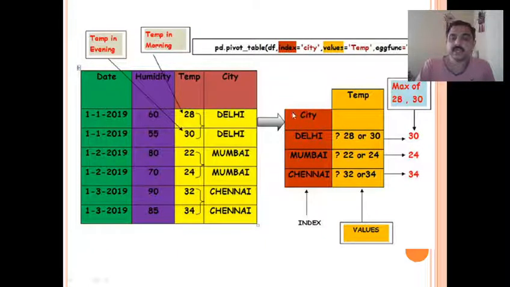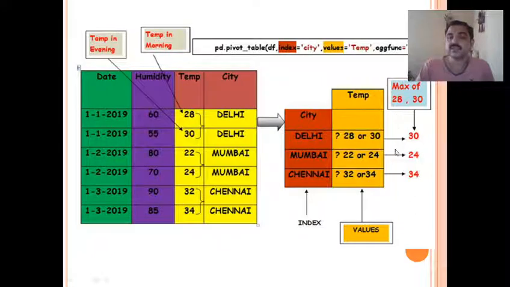So the data frame will be rearranged where city will be the index, and we are finding the temperature, so temperature will be the column heading. There are two values for the temperature, as you know earlier. Here you want to get the maximum, so aggfunc is maximum, that means for Delhi we want to know the maximum temperature. So we can use the aggfunc argument.